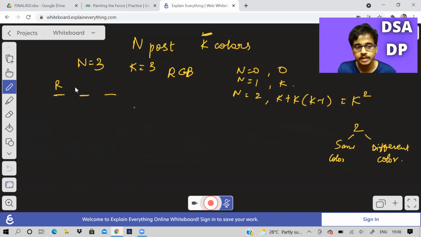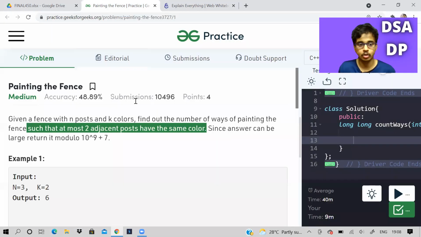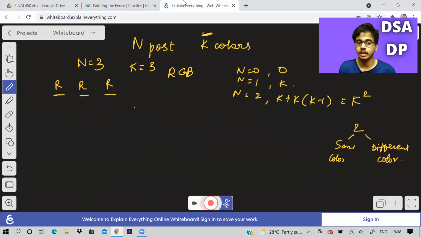Suppose I fix the first 2 posts as painted with red color, RR. Now tell me one thing, can I put R here? According to the question, at most 2 adjacent posts can have the same color. That means the third can't have it.